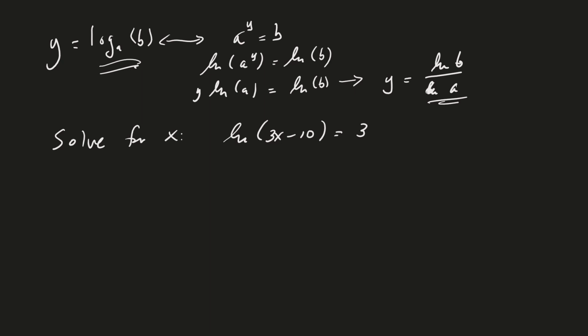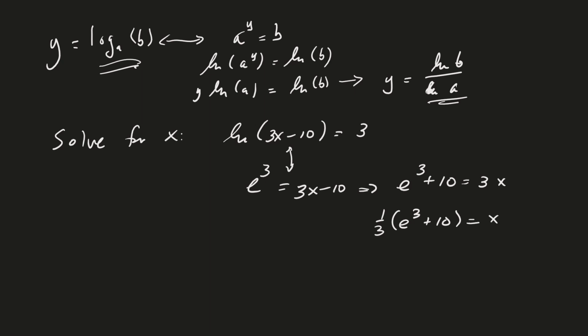Well, first, the base here is e, so rewriting this directly, we have e to the 3 equals 3x minus 10, and now you can see we can pretty easily solve for x. e cubed plus 10 equals 3x, and then one third of that. Very good. So that's our answer then. Okay, and now how about another one?